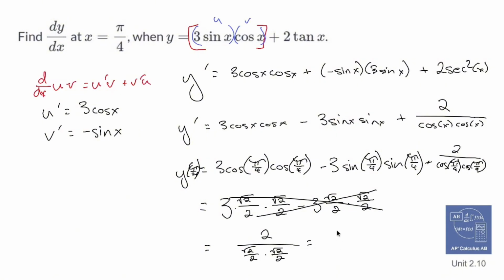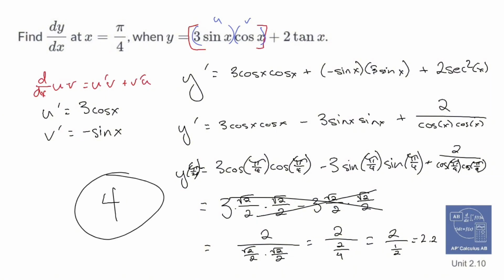The square root of 2 times the square root of 2 is the square root of 4, which is 2, over 2 times 2, which is 4. So I get 2 divided by a half, which is the same thing as 2 times 2. And after all of that, you get 4. Isn't that lovely? Kind of a weird, crazy problem, but yeah, that does it.